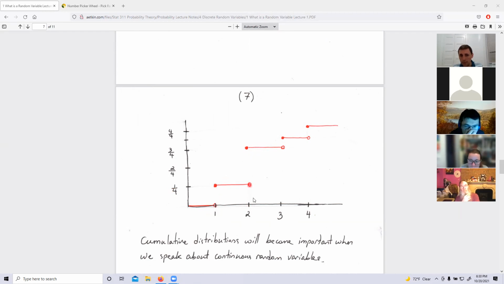But as soon as I move slightly to the right of 2, I pick both outcome 1 and outcome 2. So I pick the combined probabilities, and the probability 1/4 plus the extra probability from 2 add up to produce this value. And notice by the time I reach 4, it becomes 1, and it will forever be flat. So it's a step function.